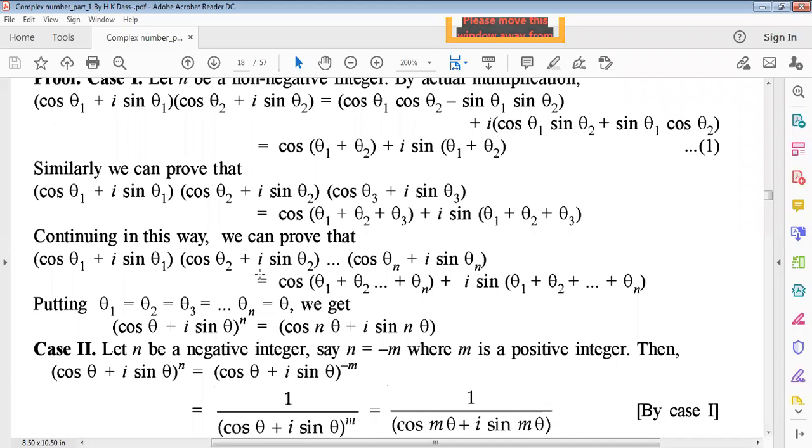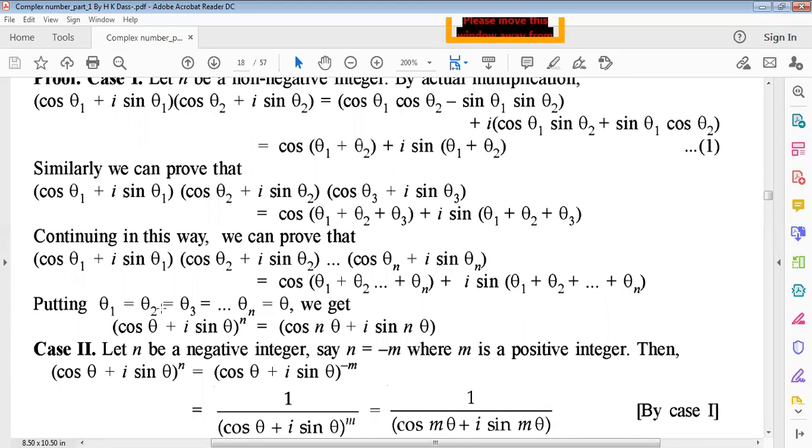This is the first complex number, this is the second complex number, theta 2, and the nth complex number is cos theta n plus i sin theta n. The product is cos of the sum theta 1 plus theta 2 plus up to theta n, plus i sin of theta 1 plus theta 2 plus up to theta n.